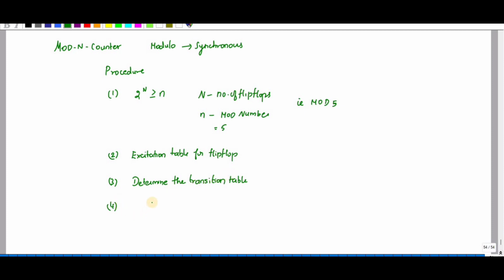And next one is simplify the expression for the flip-flop using K-map. So use K-map for simplification. The last one is implement the logic diagram for the expression.